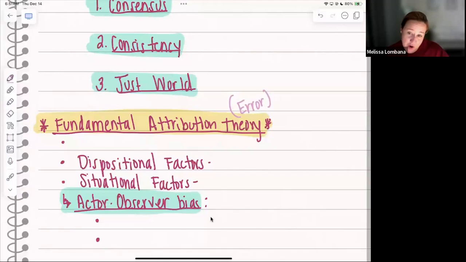So fundamental attribution error, or FAE, is the tendency to explain other people's behaviors as due to their own personal disposition. Which basically means that we tend to explain other people's behavior based on their internal attributes, while we underestimate the influence of situations. So we tend to overestimate the influence of personality and underestimate the influence of situations.